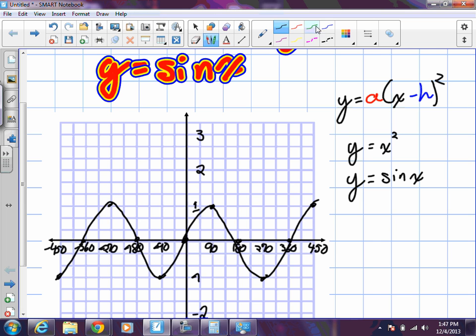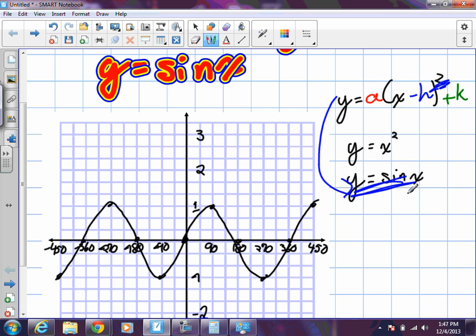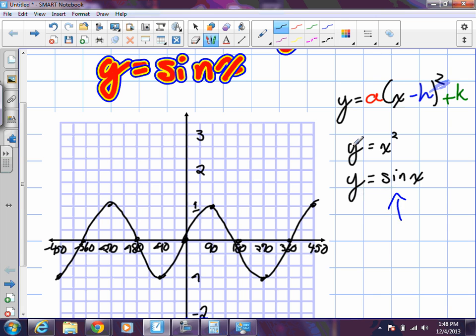Perfect. Yeah. This is identical to transforming a sine wave. The only difference is, instead of having squared, we have the function of the sine. So our transformation of this function is written as y is equal to a sine x. Now technically it's sine bracket x.